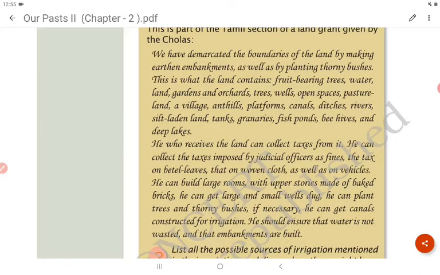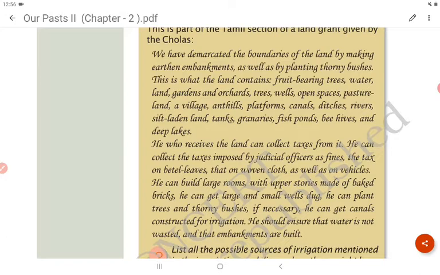This is what the land contains: fruit bearing trees, water, land, gardens and orchards, trees, wells, open spaces, pasture land, a village, ant hills, platforms, canals, ditches, rivers, silt laden land, tanks, granaries, fish ponds, beehives, and deep lakes.